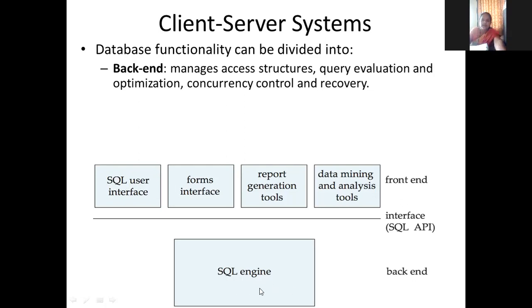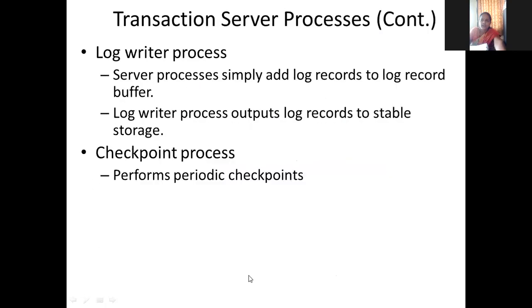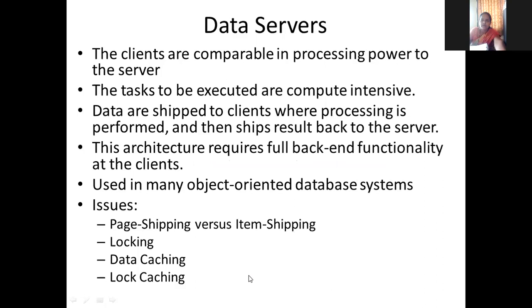See here, in case of data server, this architecture requires full backend functionality. This means the SQL engine is also required on the client side for executing that transaction, so full backend functionality is required at the client side.